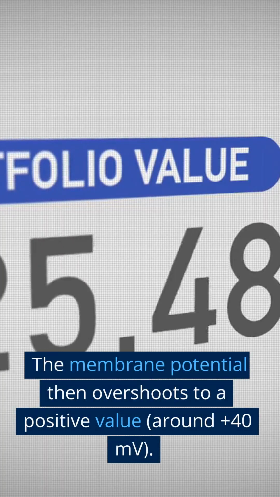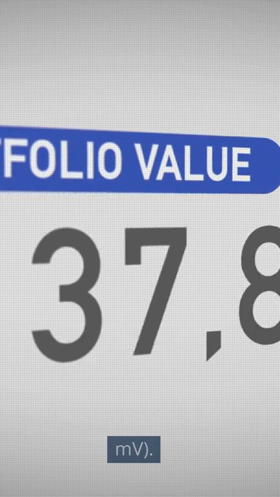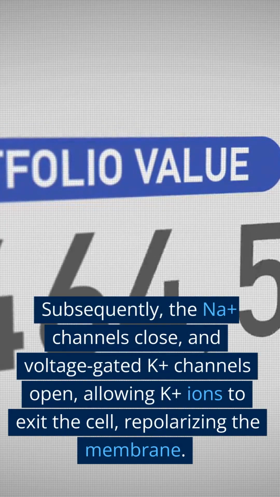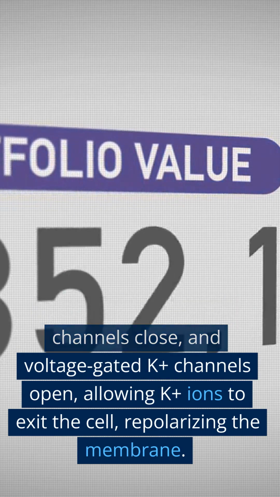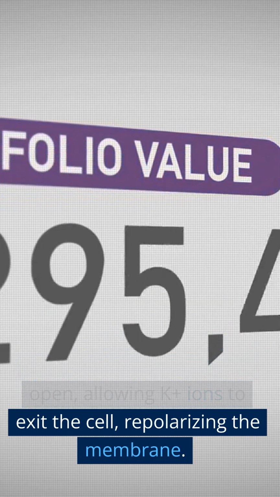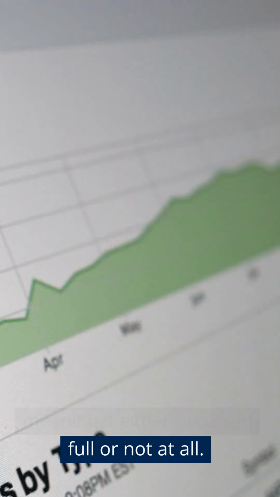The membrane potential then overshoots to a positive value, around +40 mV. Subsequently, the Na+ channels close, and voltage-gated K+ channels open, allowing K+ ions to exit the cell, repolarizing the membrane. The action potential is an all-or-nothing event, meaning it either occurs in full or not at all.